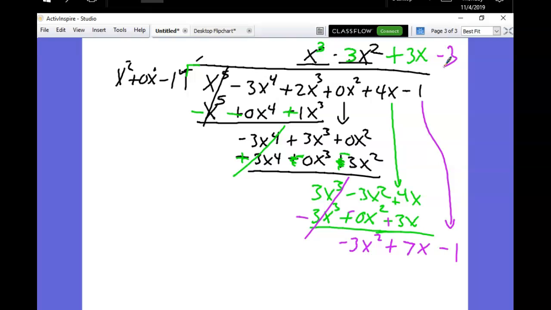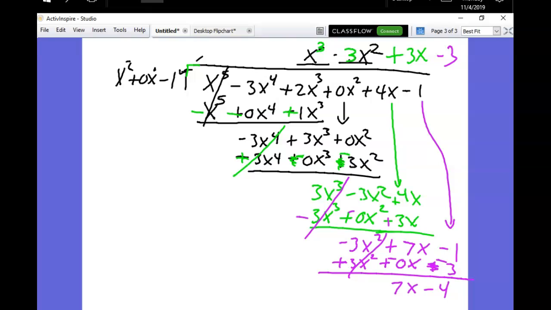Ishmael, what goes here? Next. 0x, and then last? Plus 3. Change all your signs. This goes away. This is 7x. This is negative 4. Now we're actually done with this one.